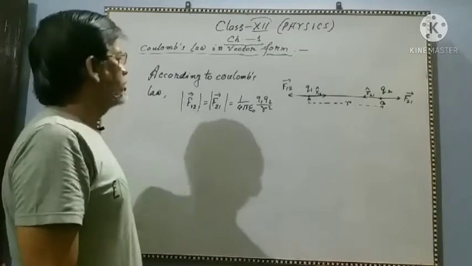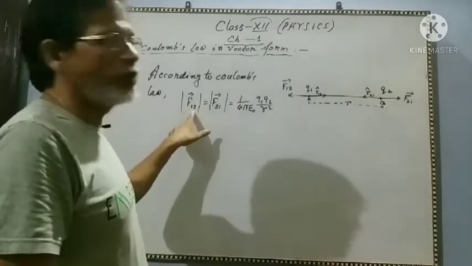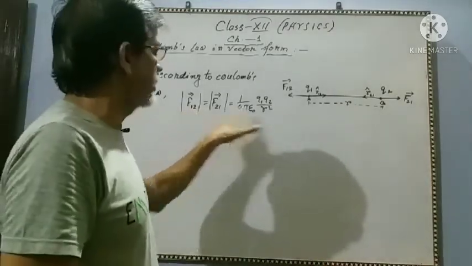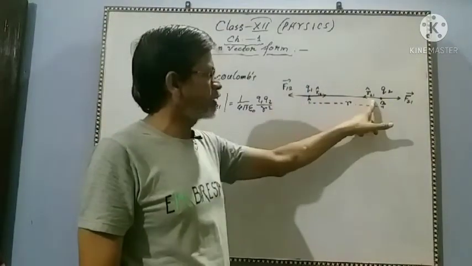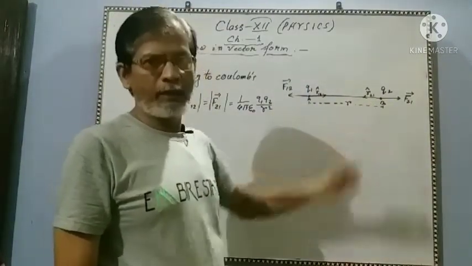Now you see F12 vector is along the direction of R21 cap.